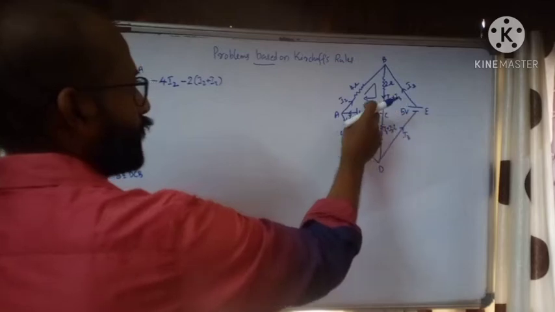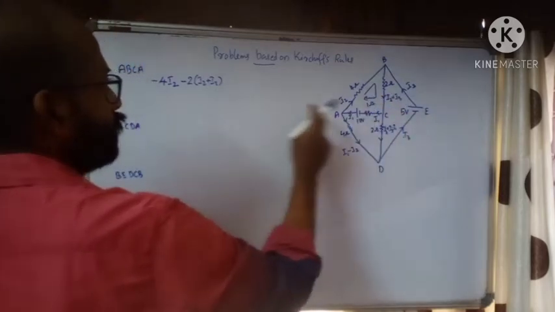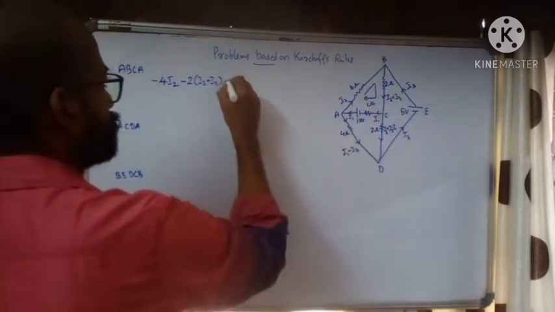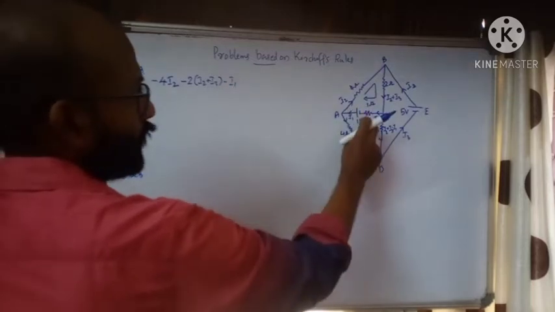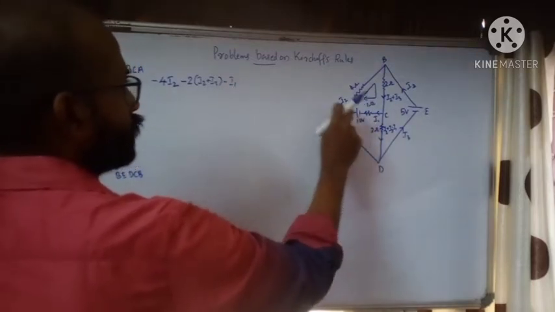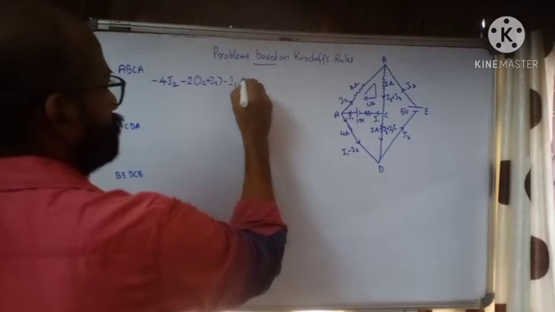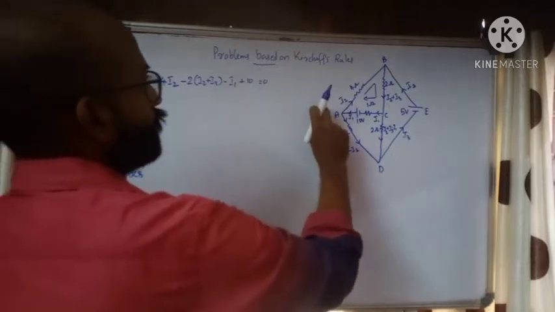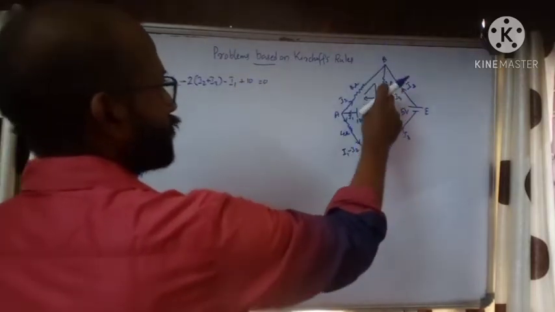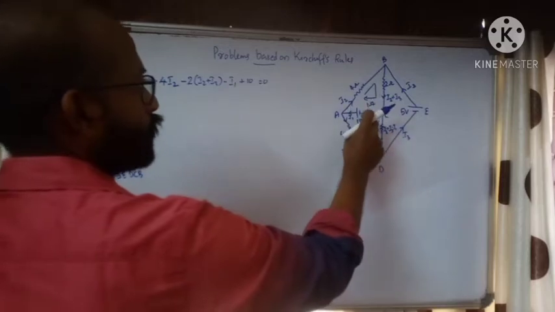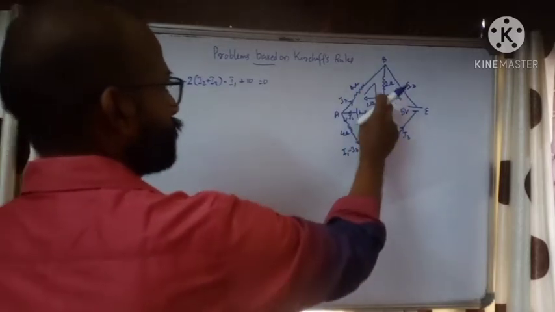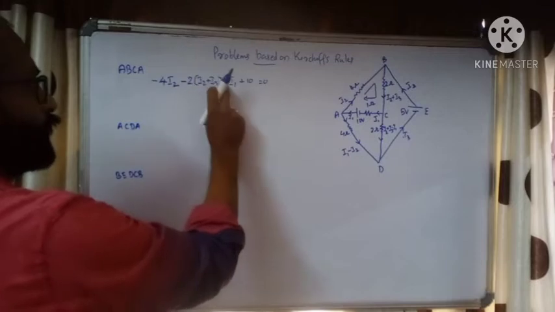Then we come here in the same direction, minus 1 into I1. Then we move from negative to positive, so we write plus 10, equal to 0. We traverse clockwise through all resistors with the current in the same direction, that's why all the voltages are taken negative.